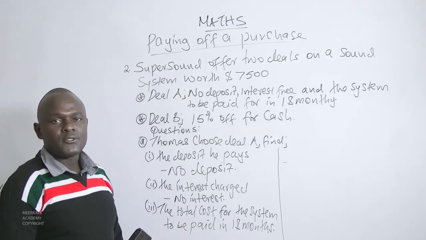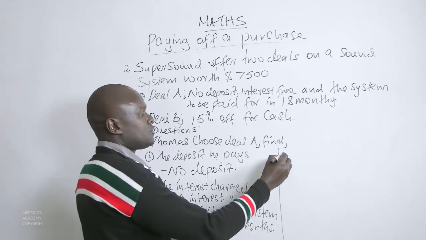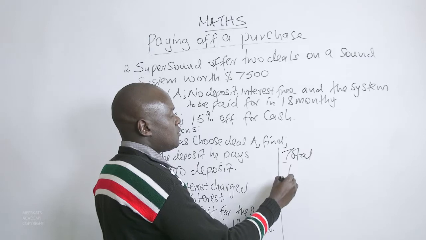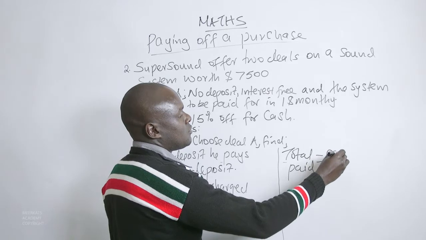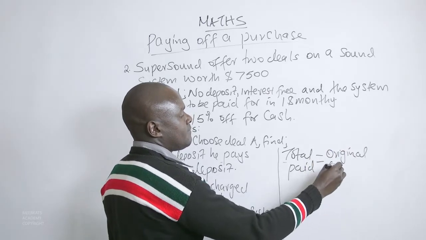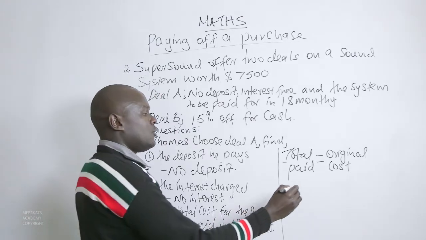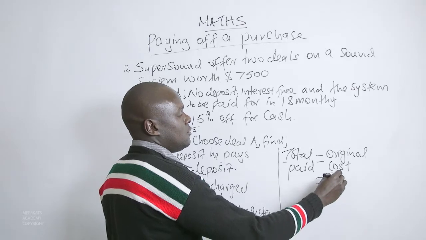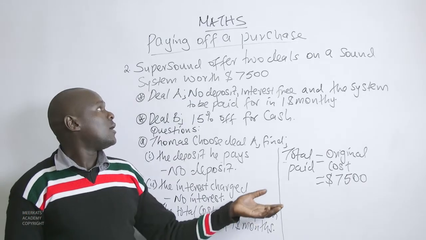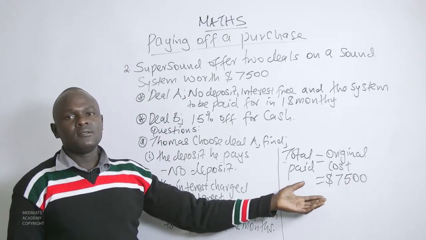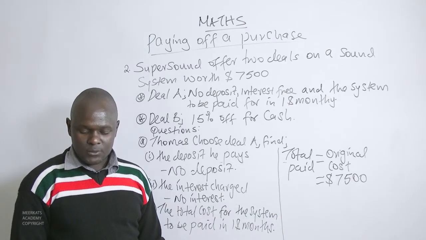Since we don't have a deposit, we don't have interest, then it means the total to be paid will be the original cost of the sound system, and our original cost of the sound system is $7,500. This is the total cost that Thomas will incur.